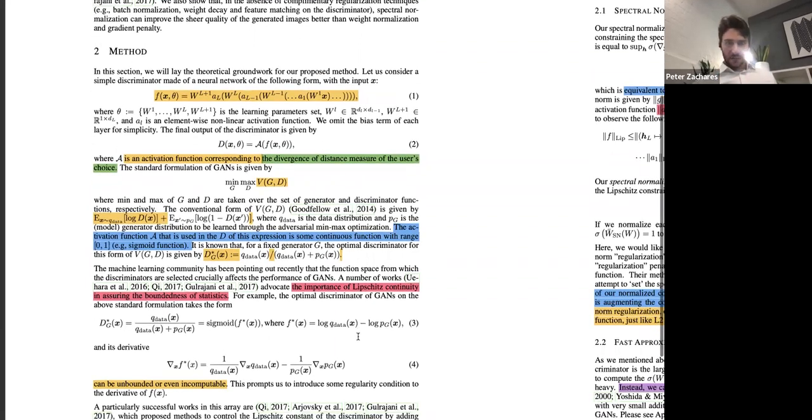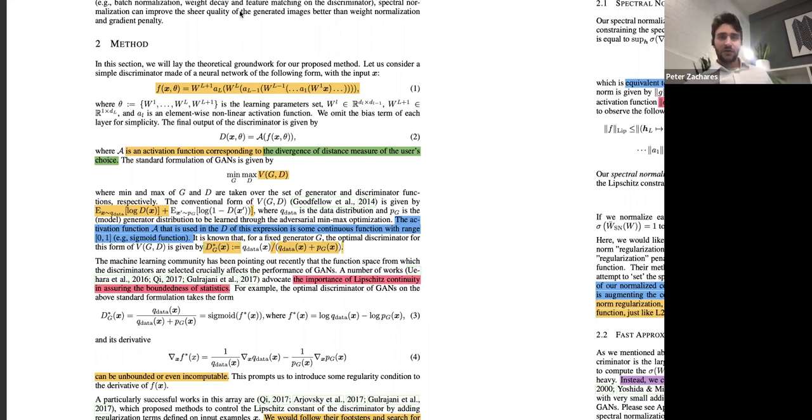And then over here, let's see. A number of works advocate the importance of Lipschitz continuity in assuring the boundedness of statistics. So essentially, there are cases where, for example, if either of these values is 0, then your optimal discriminator value, the probability outputted by the model, is unbounded.